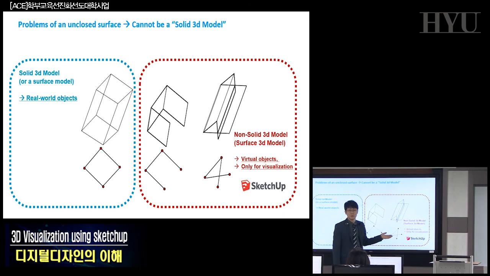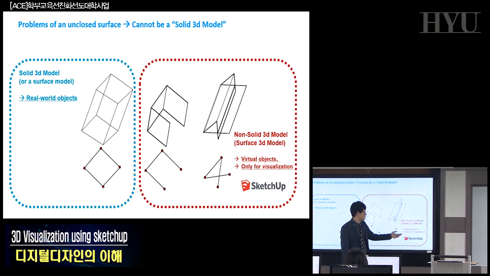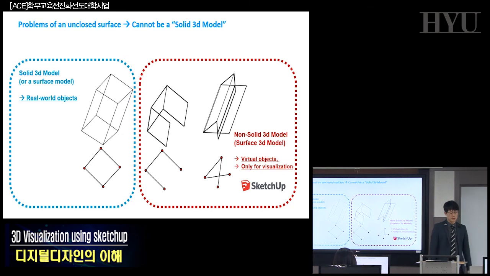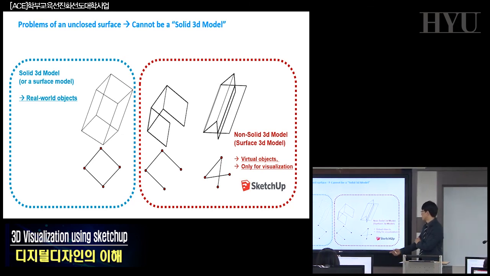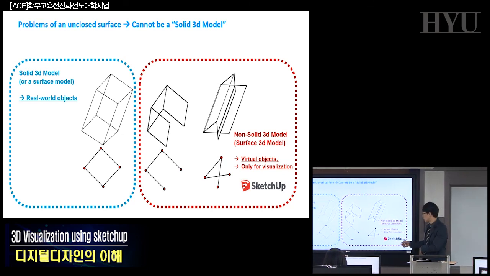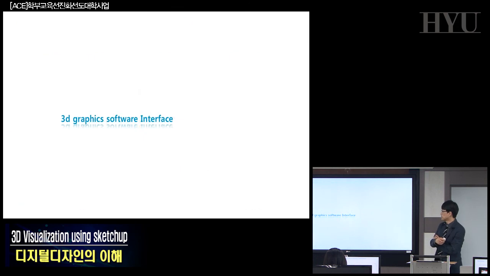It is really good to visualize anything, such as virtual objects, of course, including this kind of real-world object. But that is why this kind of surface model is mostly used for visualization. So SketchUp is in this definition, okay? Surface-based model, not solid-based model. SketchUp is a non-solid 3D model, surface-based model, okay?